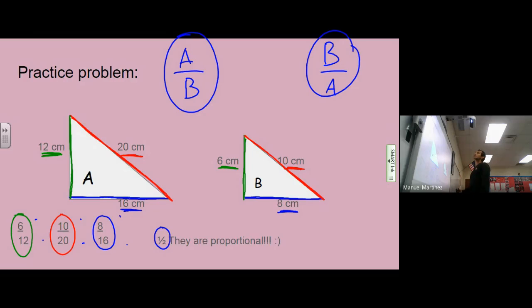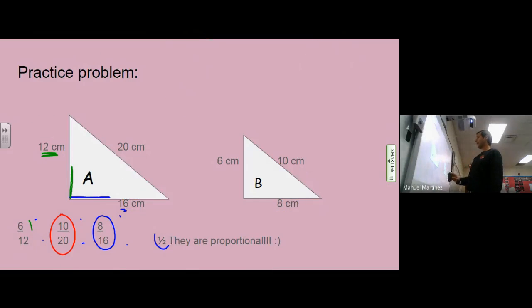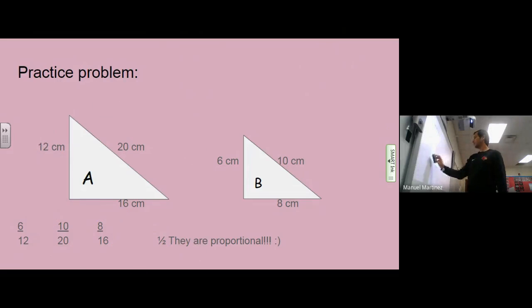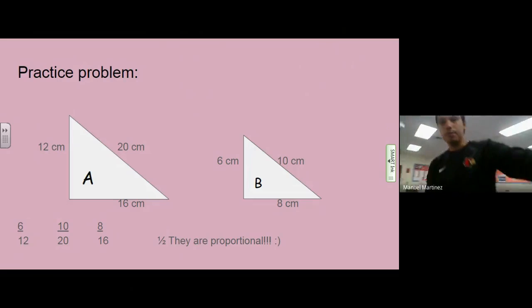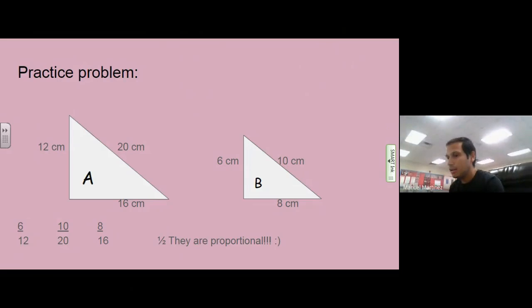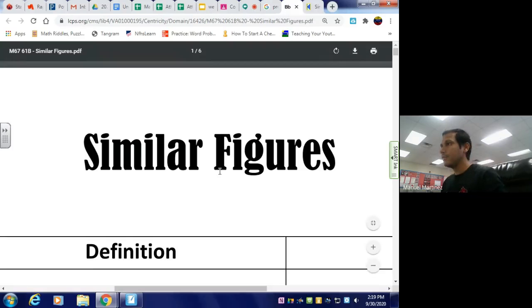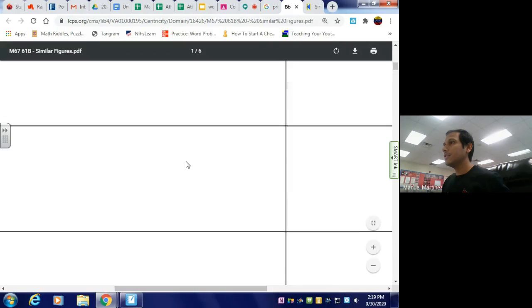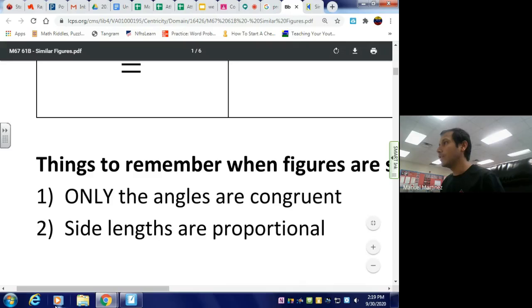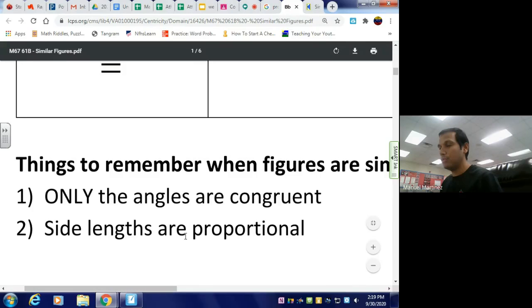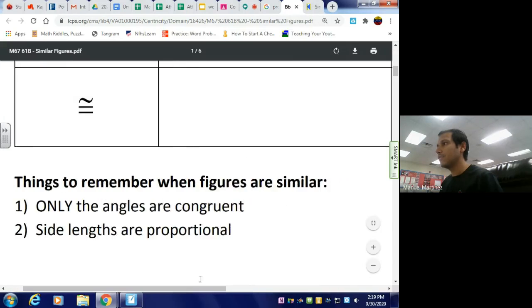Okay, so let's move on. I'm guessing you already wrote it down. I'll give you enough time. Let's go to the next level. This is the next level, similar figures. I need you to write this down, what I told you a few seconds ago, okay?